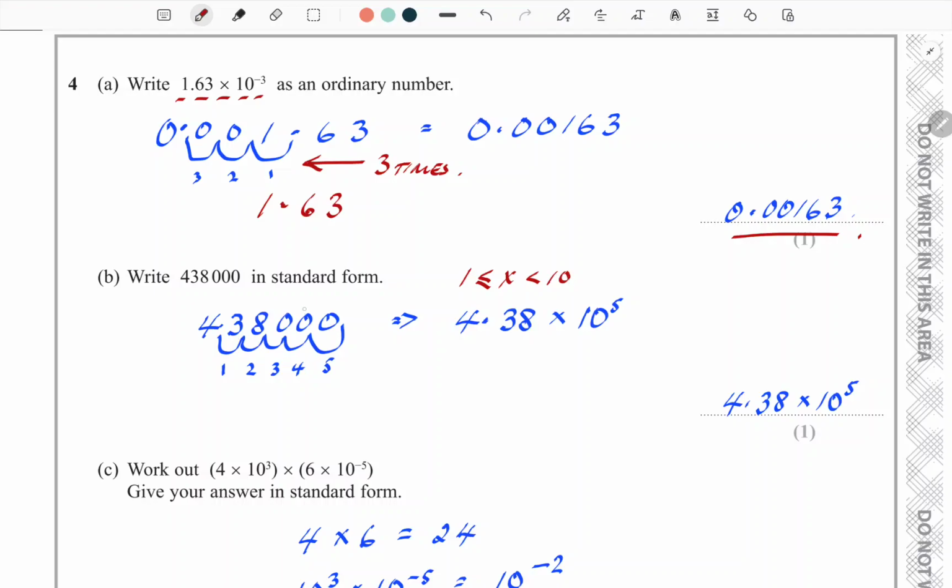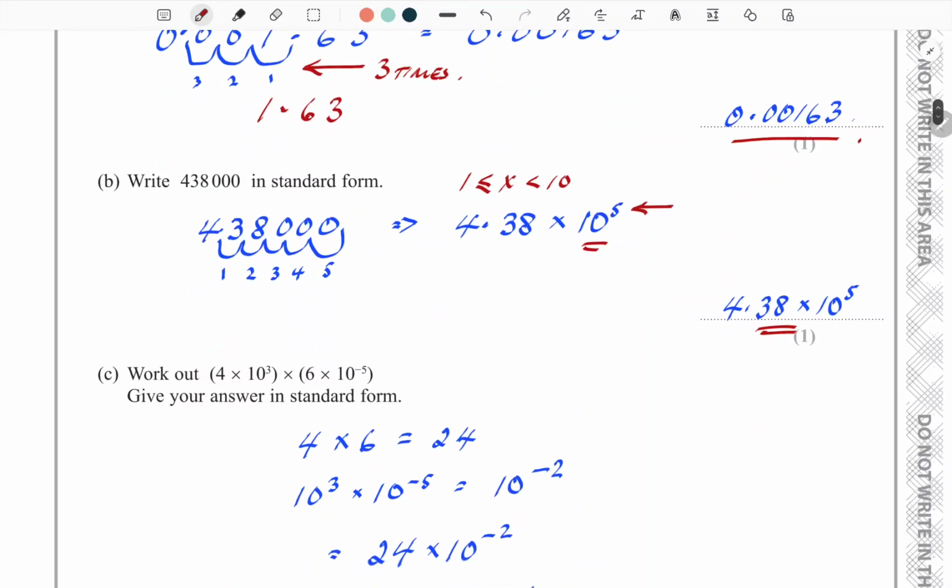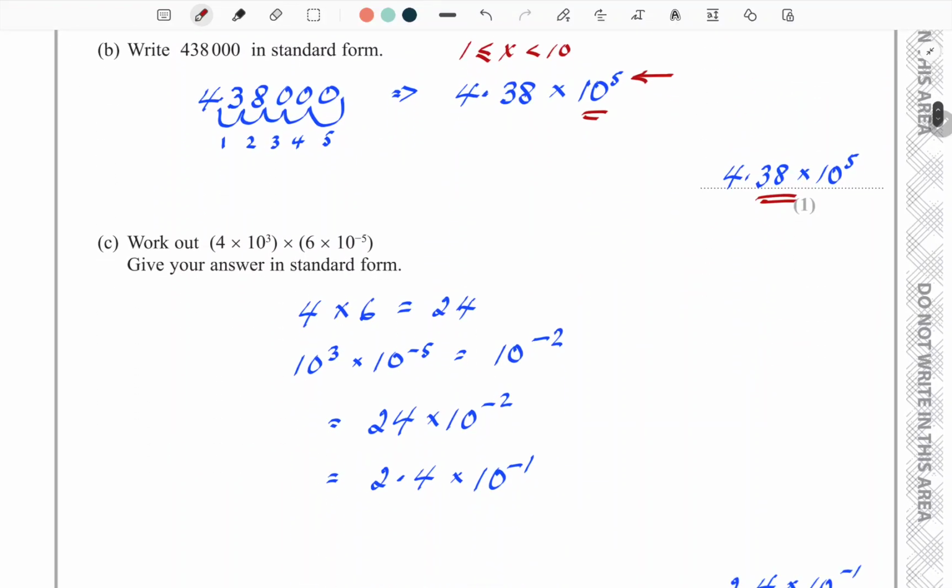So we want to effectively move the decimal place, divided by however many tens we need, and that's actually 5 moves, to make it into 4.38. So therefore, it's 4.38 times 10 to the power 5. Again, that's where the 5 comes from. Again, I hope that's fairly easy to see.